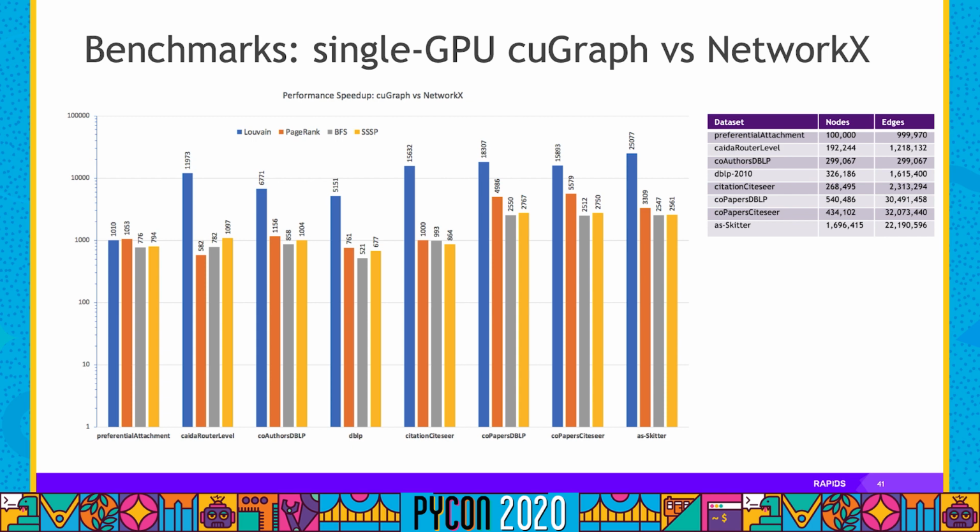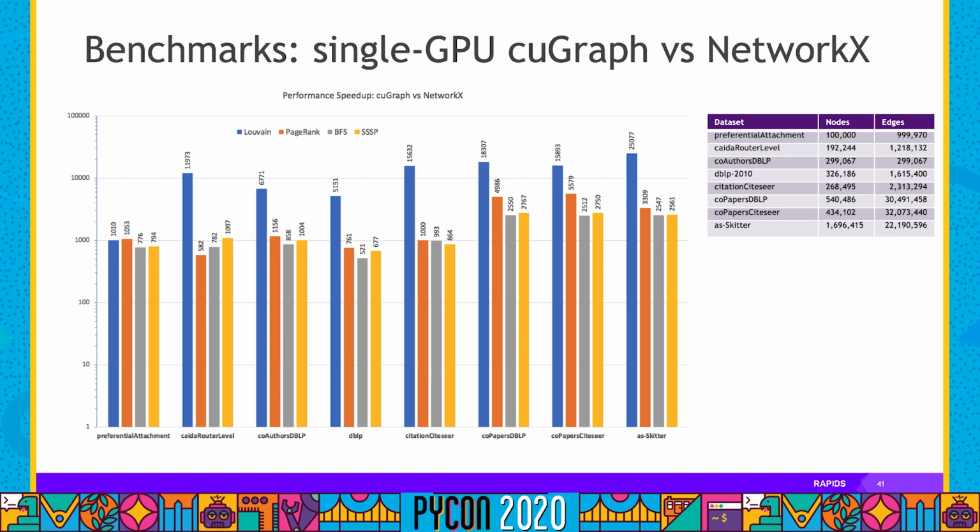They have a machine by their desk and they're trying to use that machine, or they spin up a simple machine in the cloud. So there's a lot of single CPU versus single GPU comparisons that we can make, and this is to say that even if you don't have petabytes of data, you can still get speed advantages, and you can still get advantages in doing more and more iterations faster using RAPIDS.